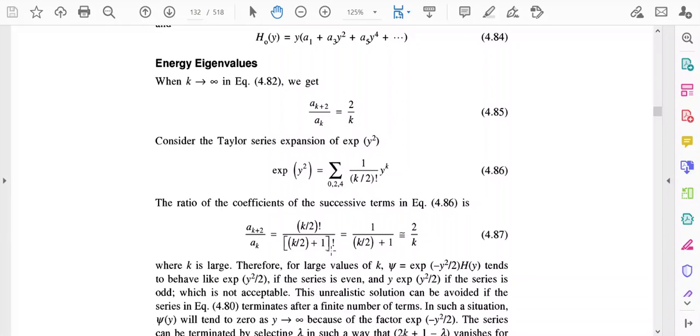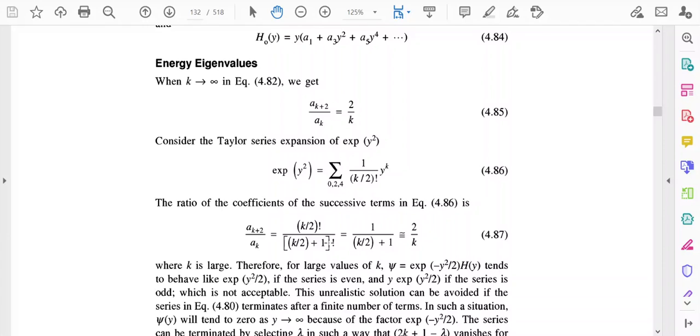Now we know that 5 factorial is 5 into 4 factorial, 6 factorial is 6 into 5 factorial, and n plus 1 factorial means n plus 1 into n factorial. So we can take k by 2 plus 1 outside the factorial, and this will be k by 2 plus 1 into k by 2 factorial, that is, one term less.